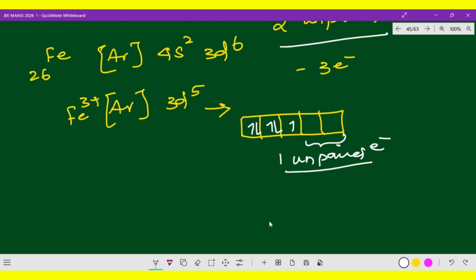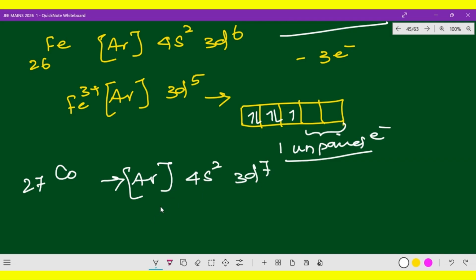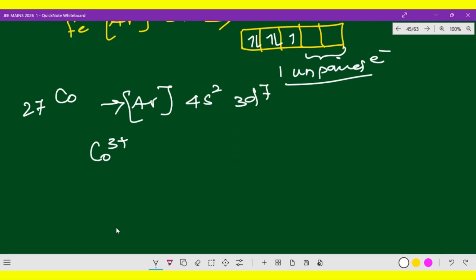Now cobalt, it is 27. See the last one. So cobalt 27, argon 4s2 3d7. So 3 electrons leave. Cobalt here is Co3+. So Co3+ means argon 3d6.